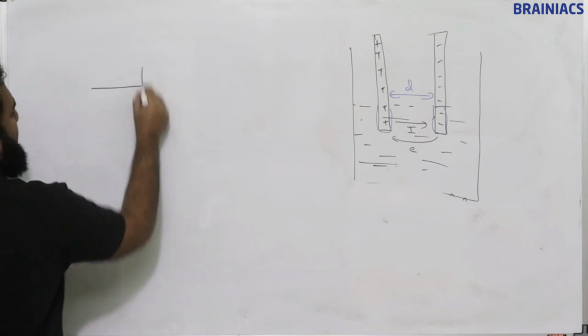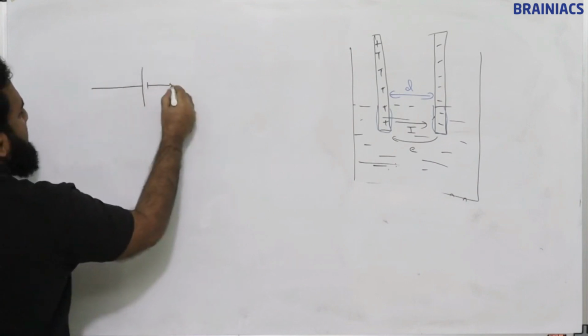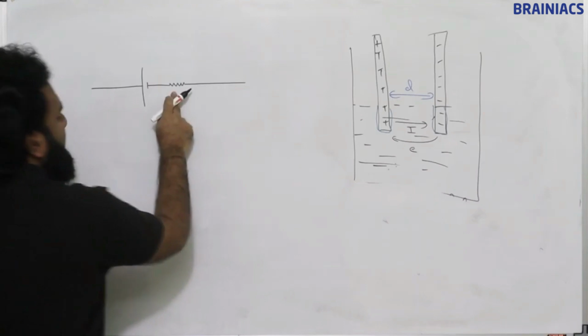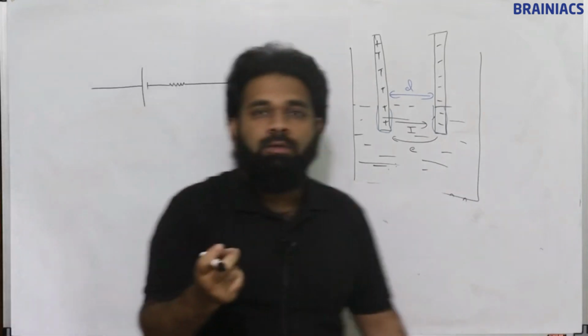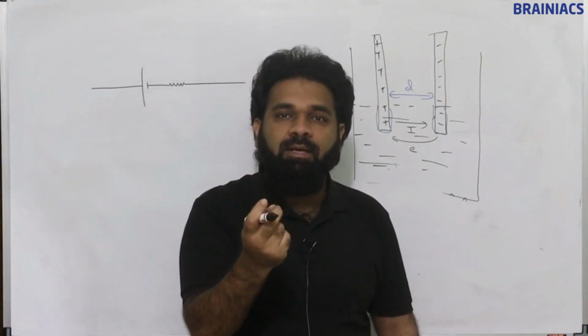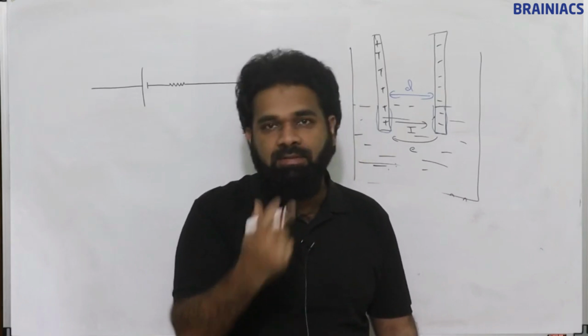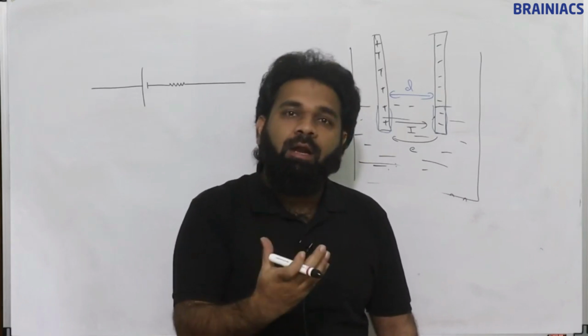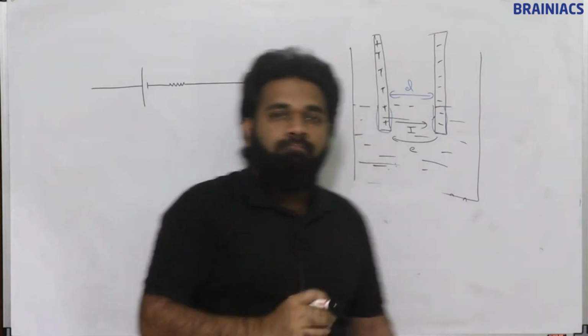Suppose we mark internal resistance like this. This is actually not a circuit or wire-related resistance. This is the resistance offered by the electrolyte or solution inside the battery.